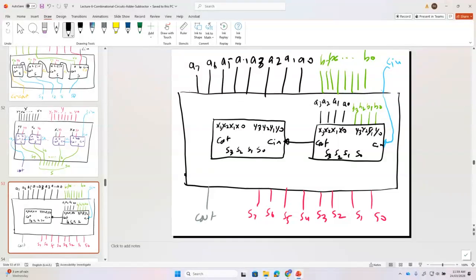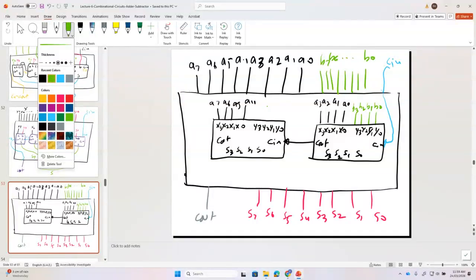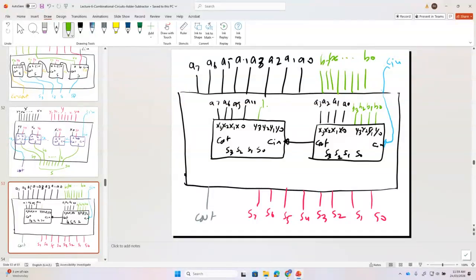Now where should I connect this X3, X2, X1, and X0? A7, A6, A5, A4. So I connect it to A7, then A6, then A5, then A4. Where should I connect this Y3, Y2, Y1, and Y0? B7, B6, B5, B4.